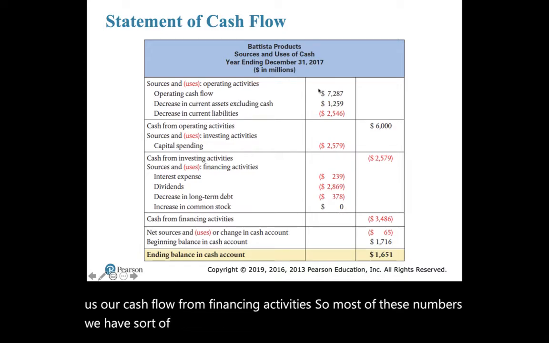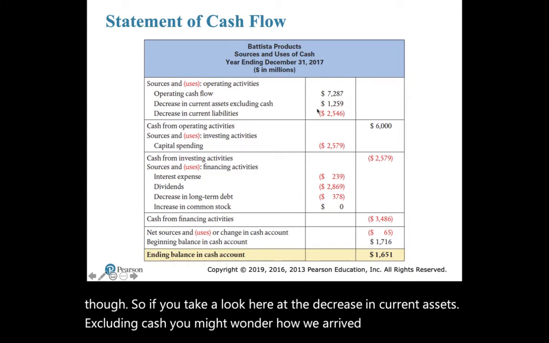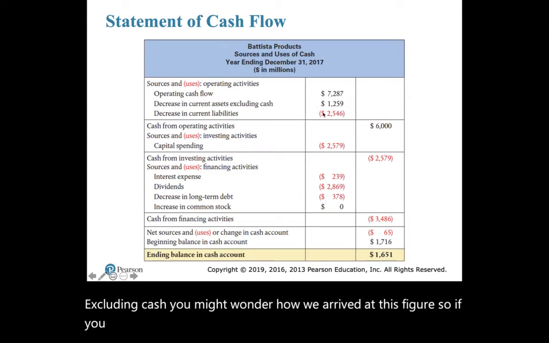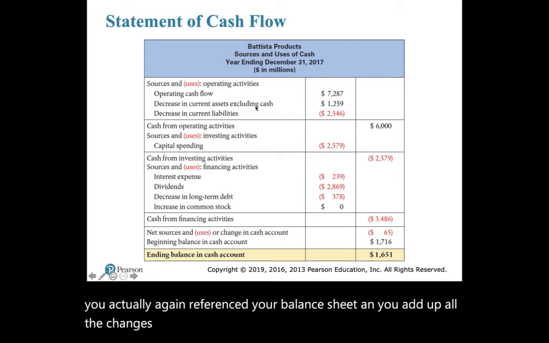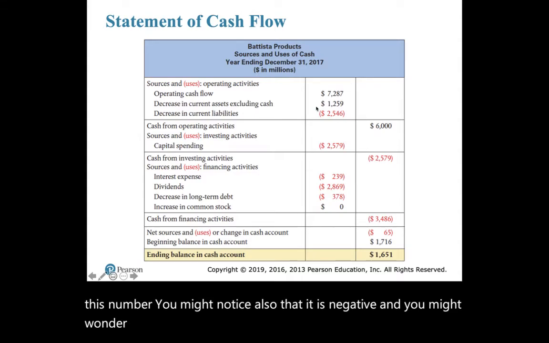I will point out a few things though. So if you take a look here, the decrease in current assets, excluding cash, you might wonder how we arrived at this figure. Okay, so if you reference your balance sheet and you add up all the changes, excluding cash, in your current assets, you will arrive at this number. You might notice also that it is negative, and you might wonder why, if it's negative, it's not negative here.